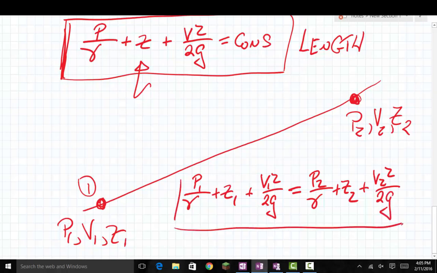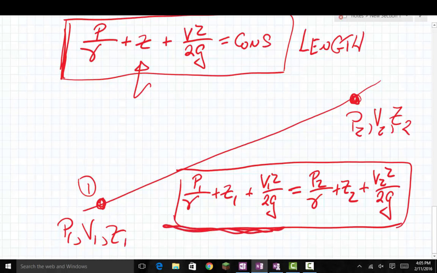So that's an expression where you're saying that the mechanical energy at one location has to equal the mechanical energy at a second location. We'll pick up with using the Bernoulli equation in a number of examples in class on Friday, but this now gives you the full development of the Bernoulli equation.